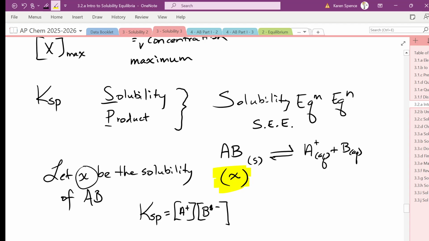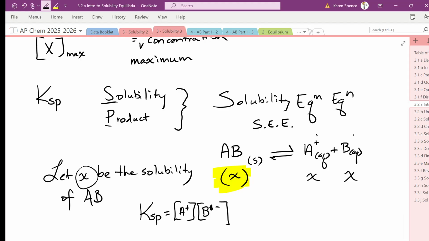Okay, so that's X. What does that tell us about A and B? They're going to be increasing by X. And sometimes we don't bother with the whole Rice table for solubility because it's pretty straightforward. These always start at 0 and they always end up being X at the end, or 2X or whatever.